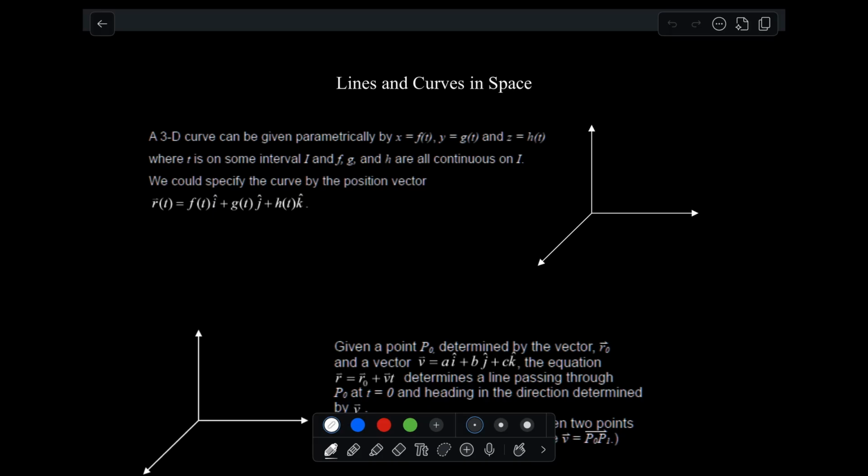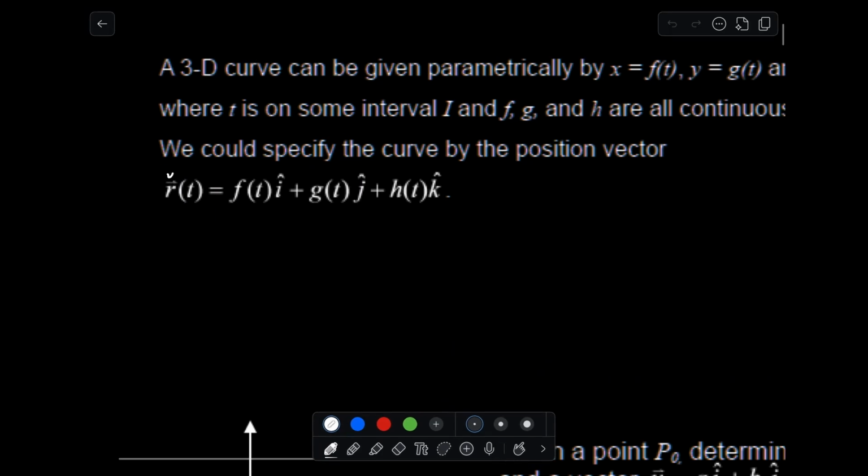A 3D curve can be given parametrically by x equals f of t, y equals g of t, and z equals h of t, where t is on some interval I, and f, g, and h are all continuous on the interval I. We can specify the curve by the position vector r of t, and we can see r of t with the little arrow here.